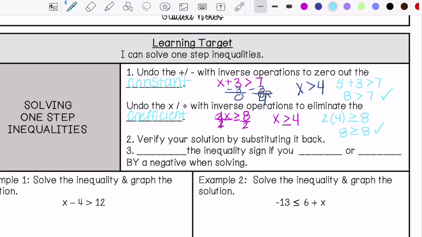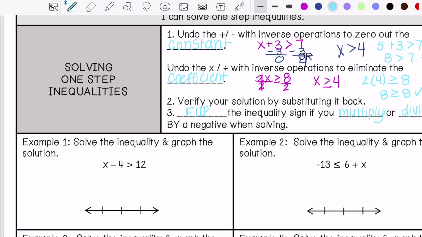If you are multiplying or dividing by a negative when you are solving, you need to make sure that you flip the inequality. And I'll show that in some of the examples below.